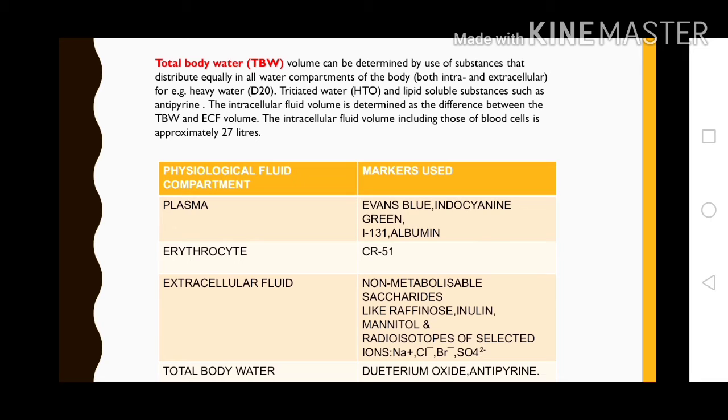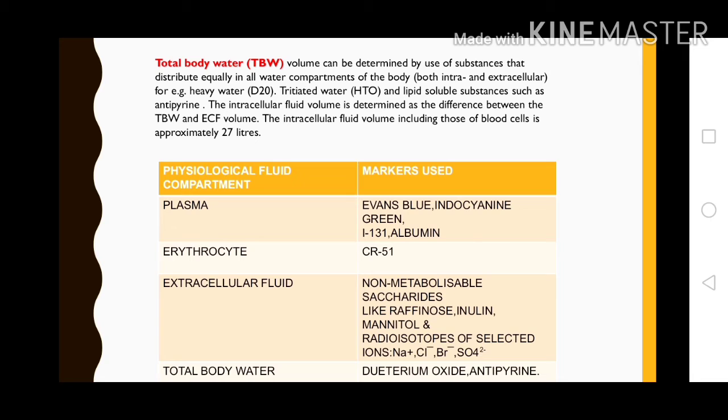All the water compartments in the body as a whole, both intracellular and extracellular, account for the total body water volume. Examples are heavy water, the formula D2O, tritiated water, HTO, and lipid soluble substances such as antipyrine.